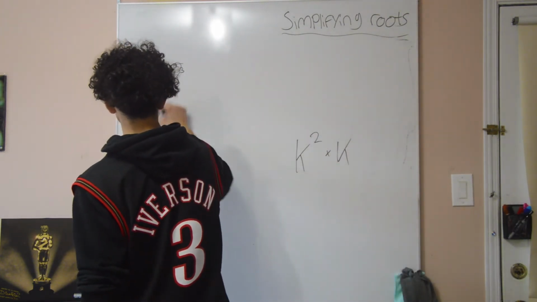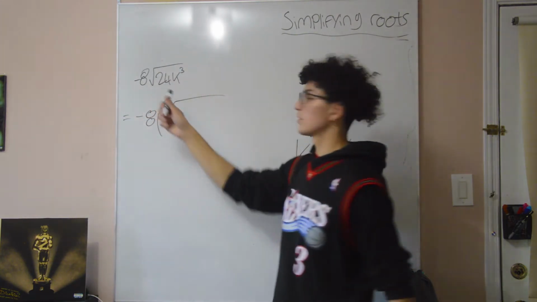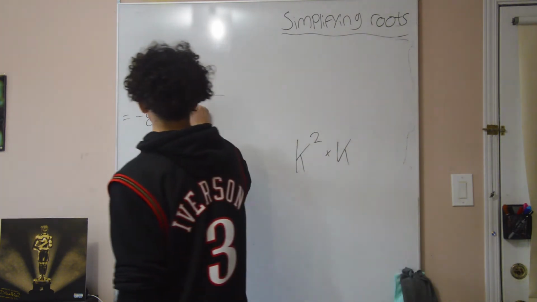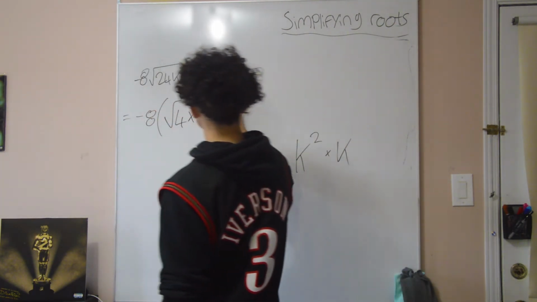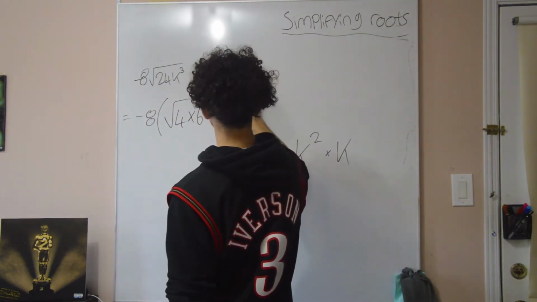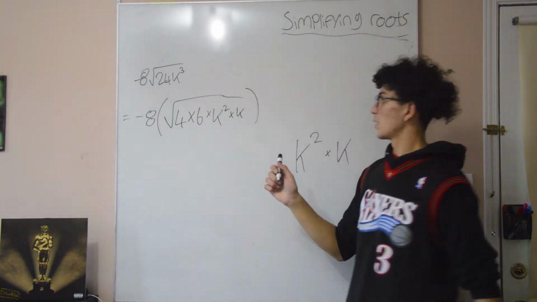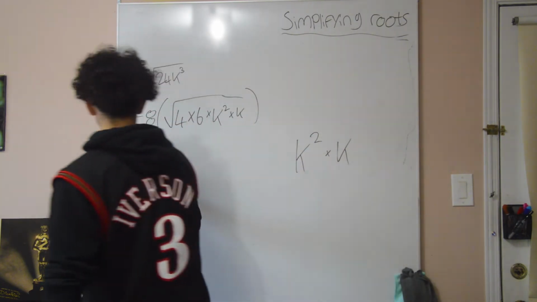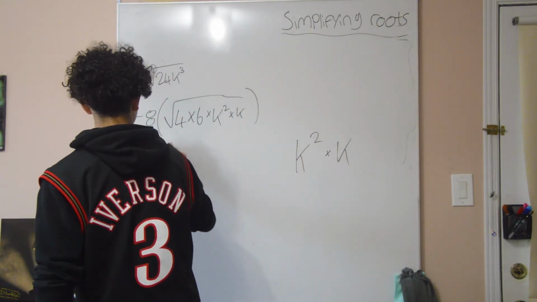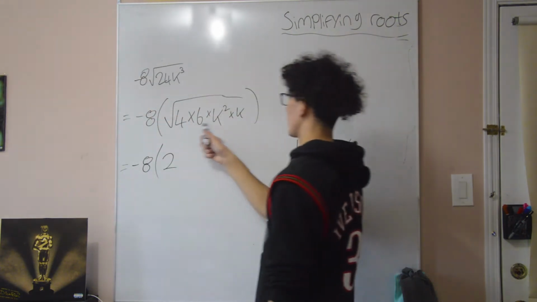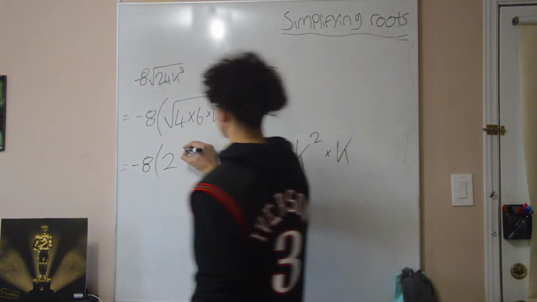We get negative 8 times, and the 24 can be written as 4 times 6. So 4 times 6 times k squared times k. Just like that. And then from here, we get negative 8 times the square root of 4, well, it's 2. And the square root of k squared, well, that's just k.